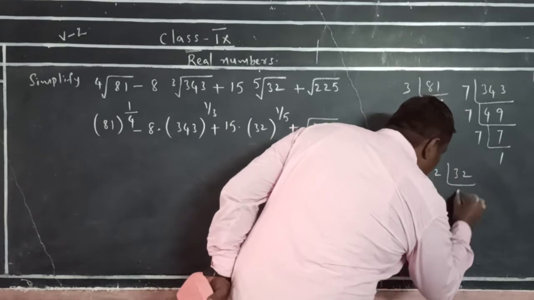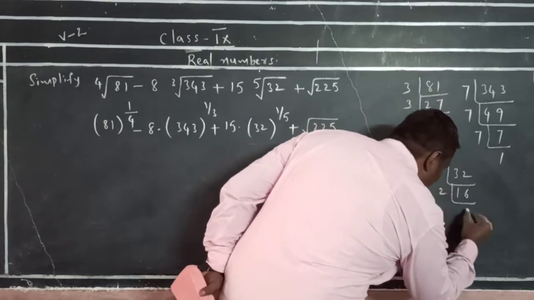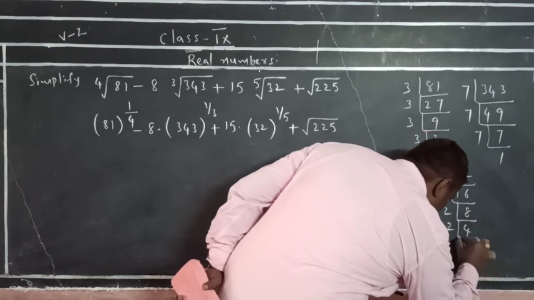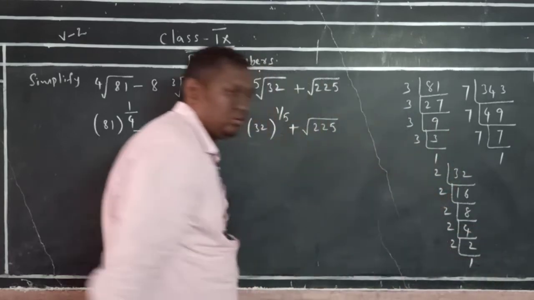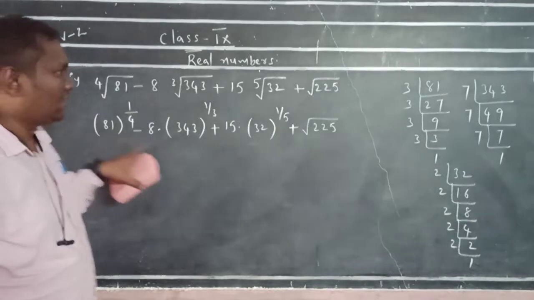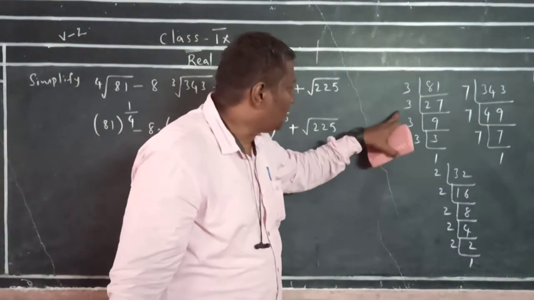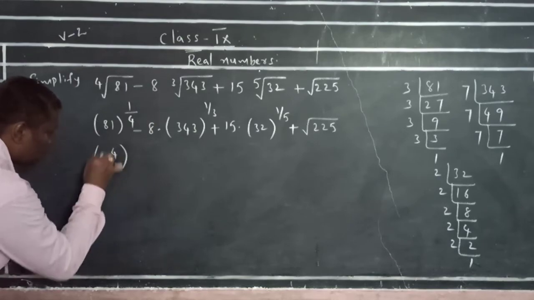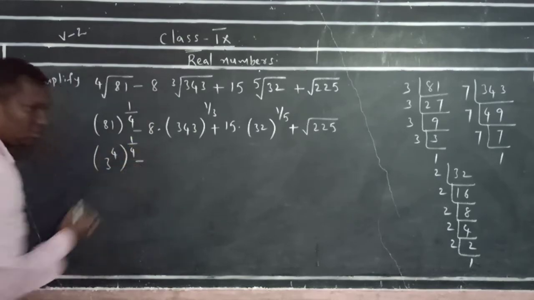32: 2 16s, 2 8s, 2 4s, 2 2s, 2 1s. Okay, now substitute here. How many 3s will come? 4. So 3 power 4 whole power 1 by 4.